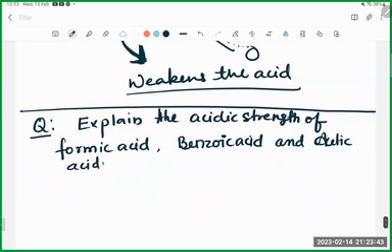So what is the formula of formic acid? HCOOH. Benzoic acid, benzene, and then COOH.